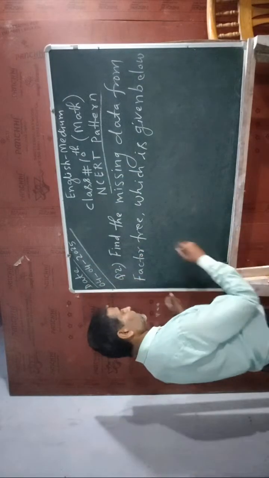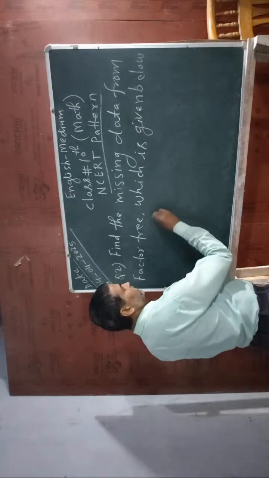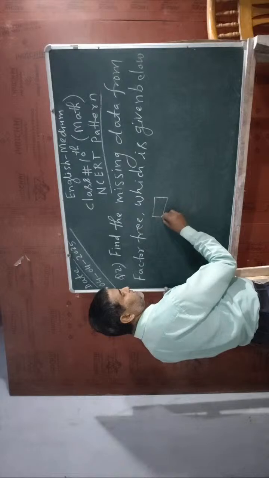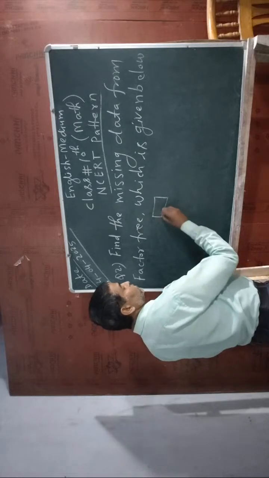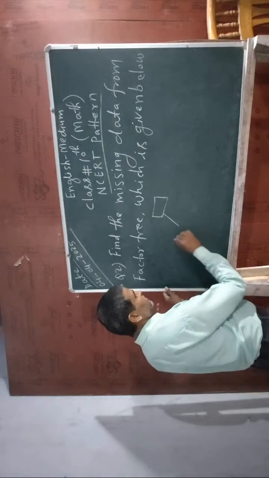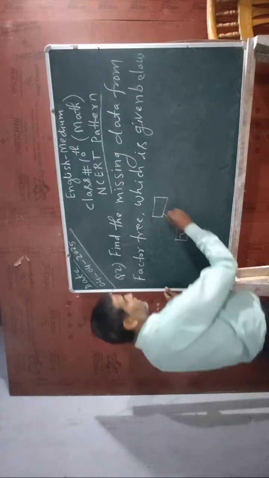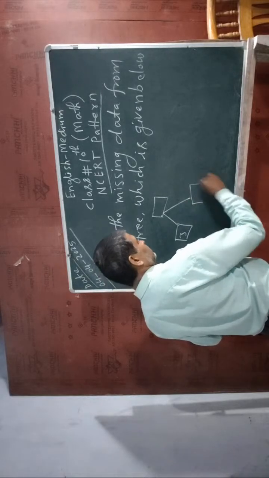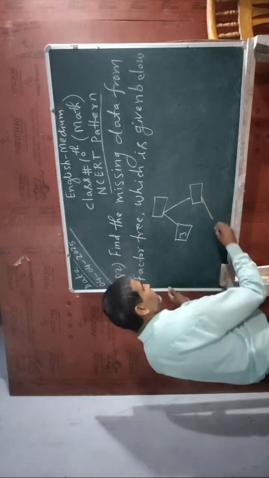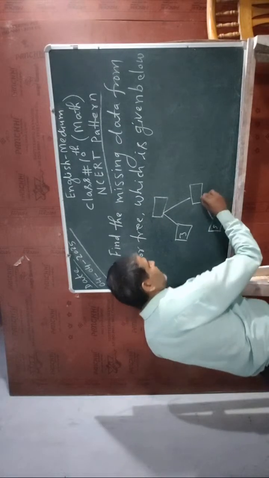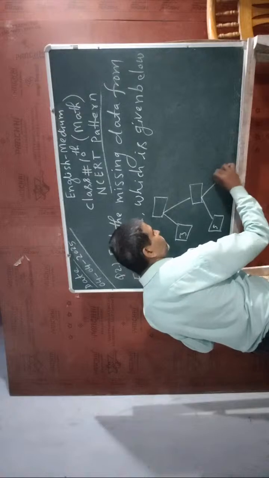Now one tree I am going to give, and you get its missing data. Missing data means missing number. So here this tree is giving 3, and here another is 30. Now here this is 5, and this is 4.